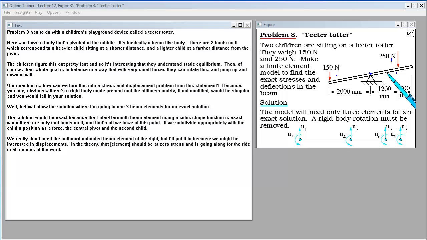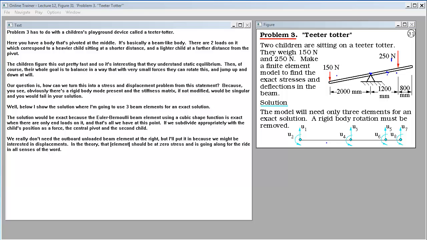Our question is, how can we turn this into a stress and displacement problem from this statement? Because you see, obviously there's a rigid body mode present, and the stiffness matrix, if not modified, would be singular, and you would fail in your solution. Well, below I show the solution where I'm going to use 3 beam elements for an exact solution.